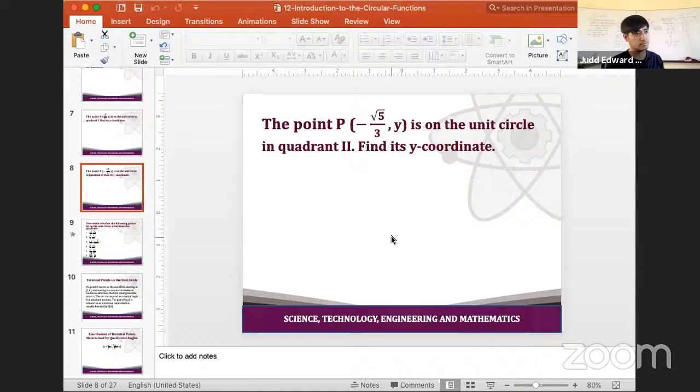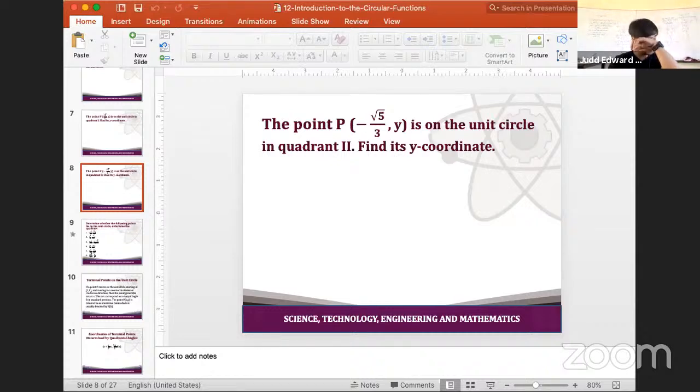Positive 2/3. Positive 2 over 3? Did you get the same answer? Yung iba ba yun din yung nakuhang answer? Positive 2 over 3?